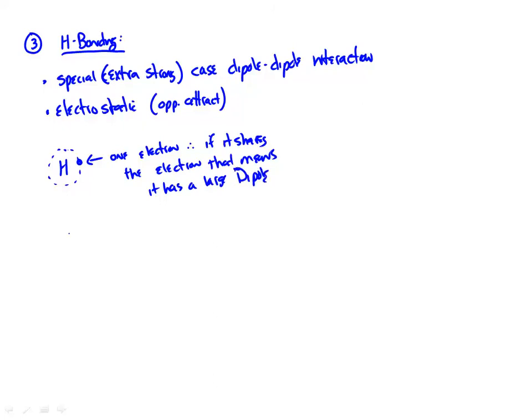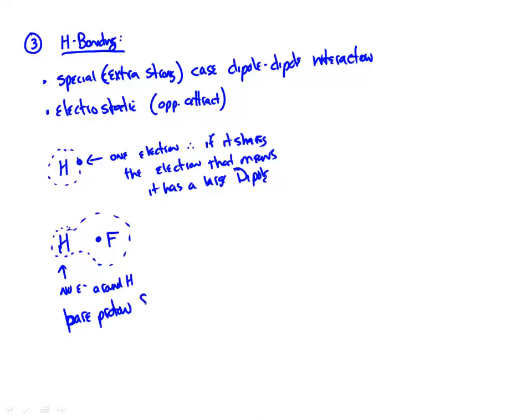So if you look at it, here's my hydrogen, and if it's sharing that electron with, say, a fluorine atom, well, that electron is spending a lot more time around fluorine. That means that there's almost no electrons around hydrogen, and that it looks like a bare proton.